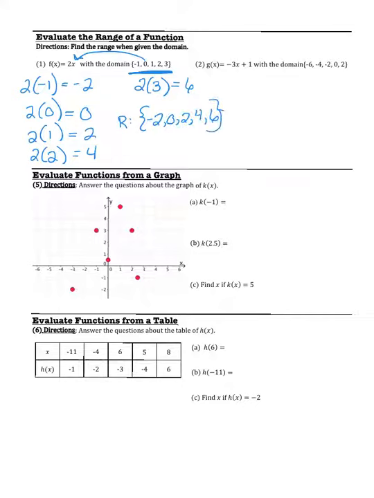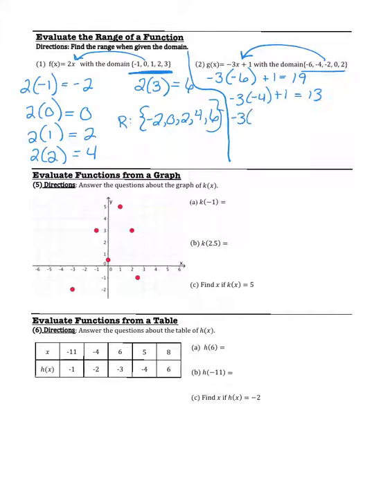And that's it. So then in number 2, same idea, but now we're just going to plug that into the function g of x over here. So why don't you guys try this one on your own? So you should have done, okay, negative 3, substitute a negative 6. That's 18 plus 1, so that gives me 19. Then we'll plug in negative 4, and that will give me 13.